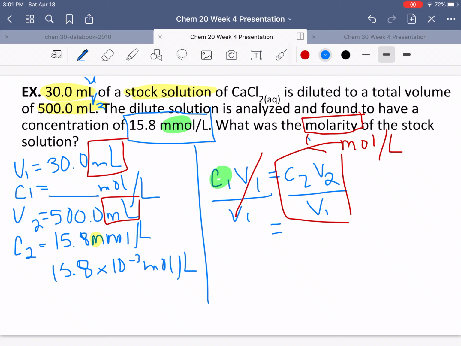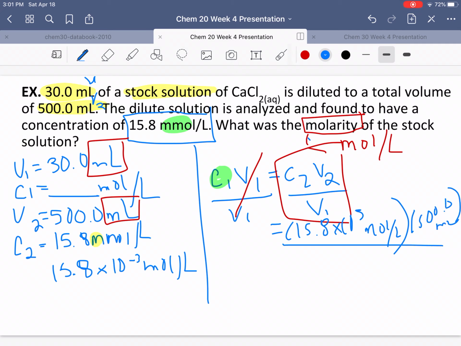Always include units. 15.8 times 10 to the negative 3 moles per liter times V2, which is 500 mils. Sorry, I'm running out of room here. Divided by my V1, 30.0 mils. Notice what I said about units. The mils cancel out, so we're good.